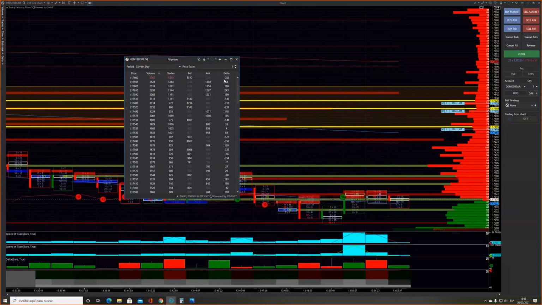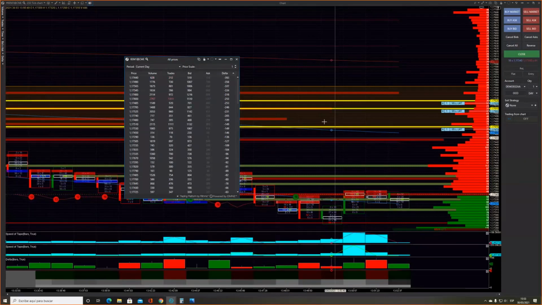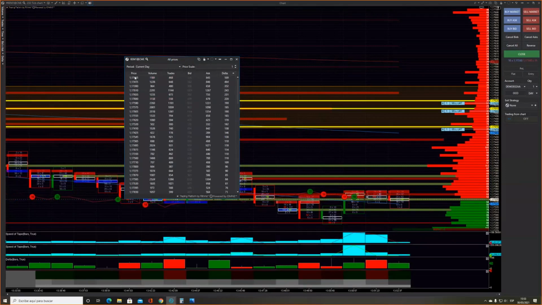It will make a real support or real resistance, whatever you want to call it, because that's how support and resistance are actually built. If I would like to find where the resistance is, I will just order this by delta, and I will know where the most sellers are, at which price. I can also see which prices have the most buyers.